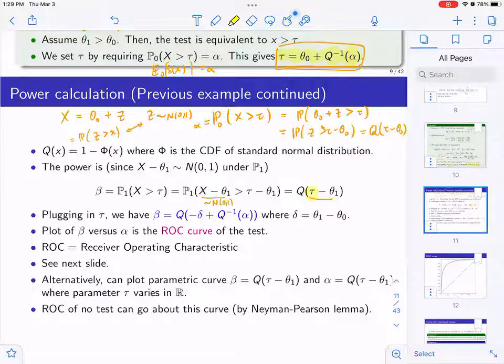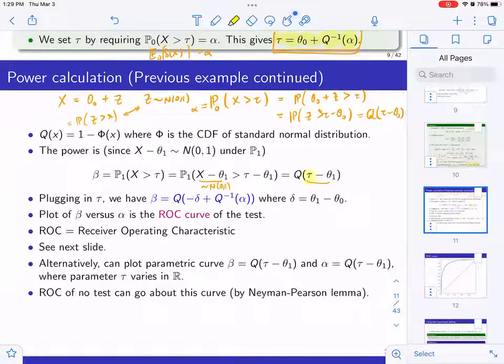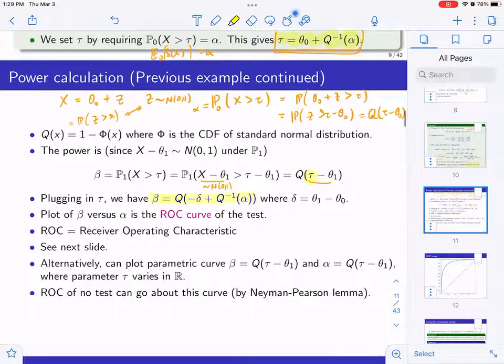It's a bad notation because delta is used for decision rules. At this point, it's just a number here. There's hopefully no confusion with the decision rules. This is the difference between theta 1 and theta naught. And then you can see that beta is like this. Okay. Beta is just Q of minus this delta plus Q inverse of alpha.